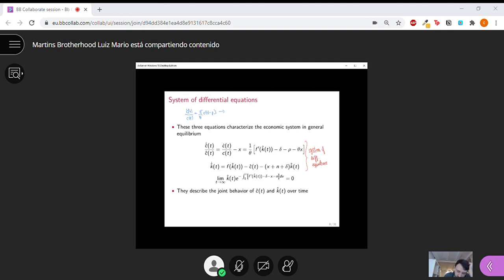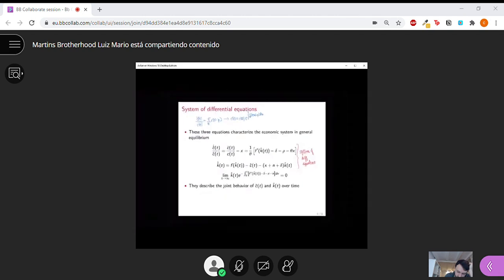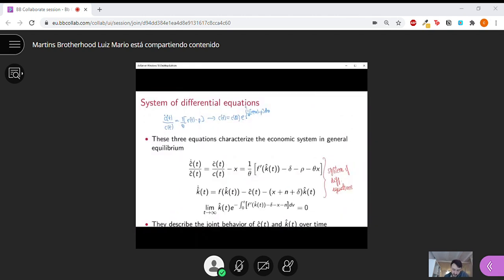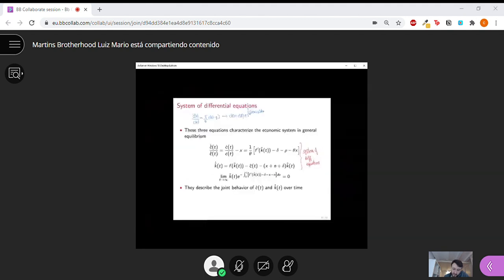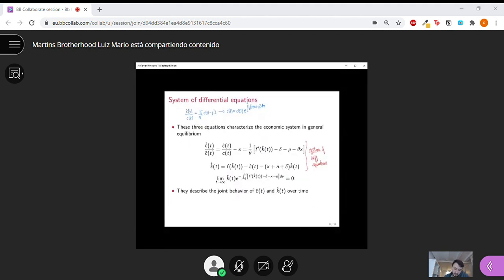You can solve this, and the solution is c0 times the exponential of the integral of (r(v) minus rho)/theta dv from 0 to t. If you wanted, you could do the same here, because now instead of just c dot, you have c hat dot as a function of something that depends on time. Here it is capital. But we're not going to solve this differential equation for c because we want to have this system of equations that depend on consumption and capital.